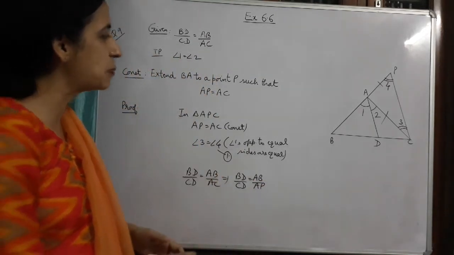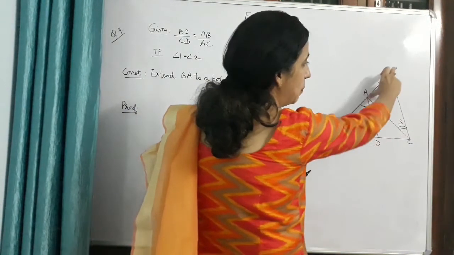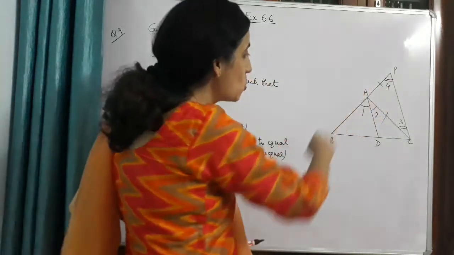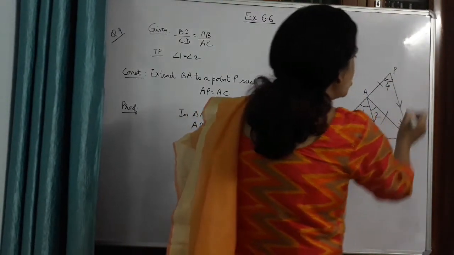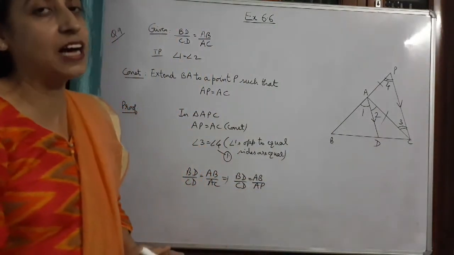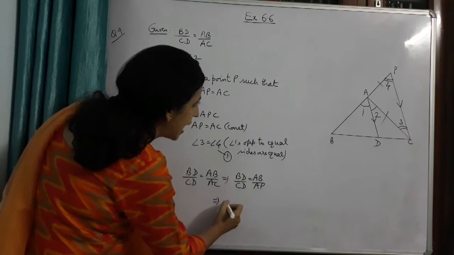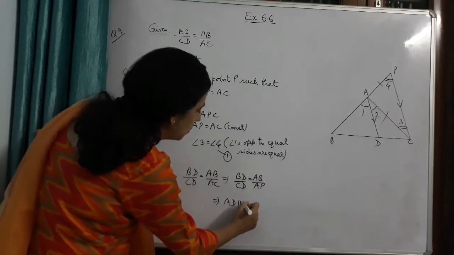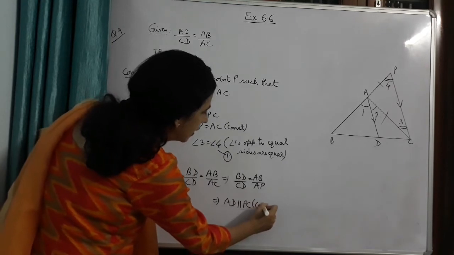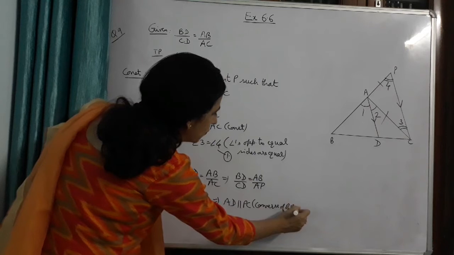Now what does this mean? BD by CD is equal to AB by AP. So it means that AD is parallel to PC by converse of BPT.